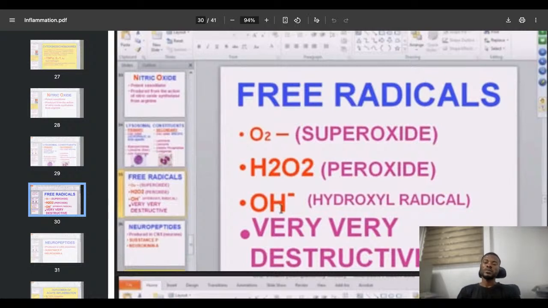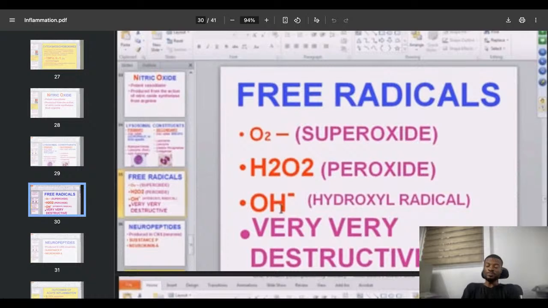And as we've said, they are very destructive. That is why Max International is producing their glutathione drugs and supplements, so that the body will be energized to be able to handle these free radicals well.